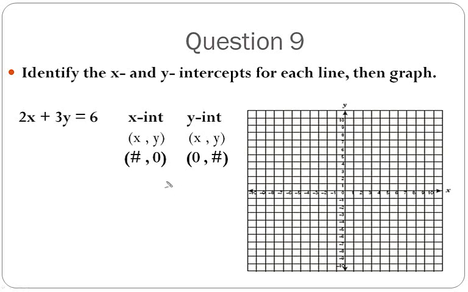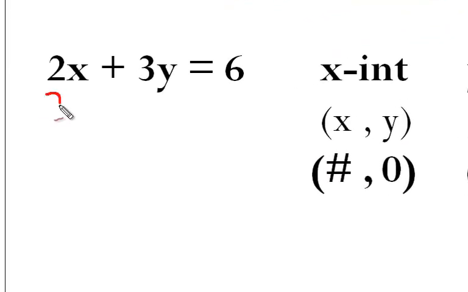For question 9, we're going to use the same idea we did in question 1. We're going to find the x-intercept and the y-intercept, and we're going to use the idea that the x-intercept is at the point where y equals 0. So to find the x-intercept, we're going to plug in 0 for y. When we do this, we'll get 2x plus 3 times 0 equals 6.